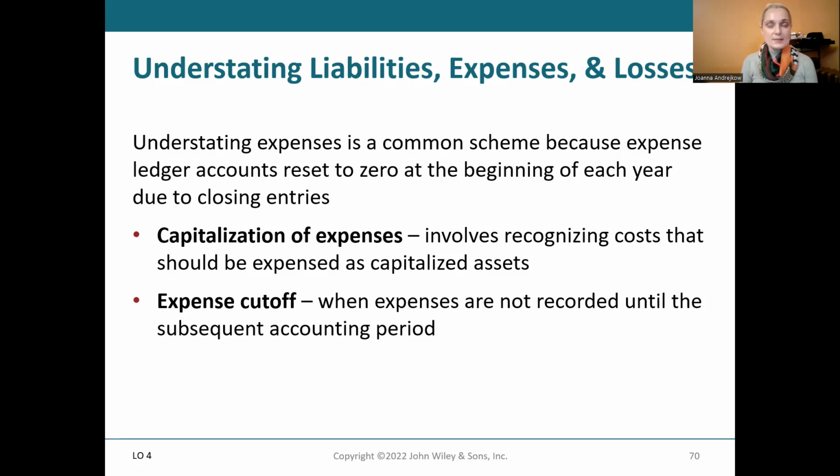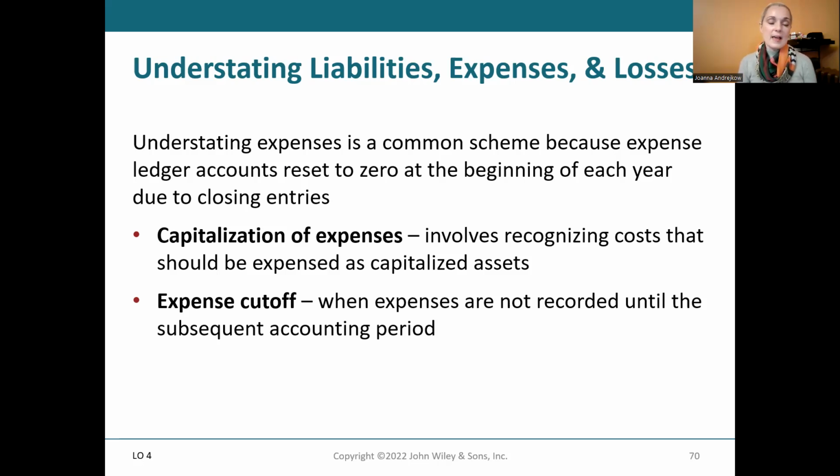Some common ways management might understate expenses is rather than report certain costs as operating expenses, they can capitalize those expenses and recognize the cost as capital assets and then depreciate or amortize them over certain periods versus actually seeing them as a legitimate operating expense that should all be incurred in the current period.